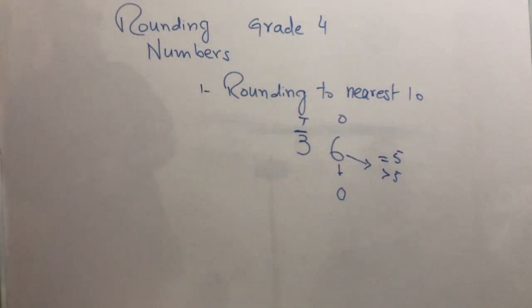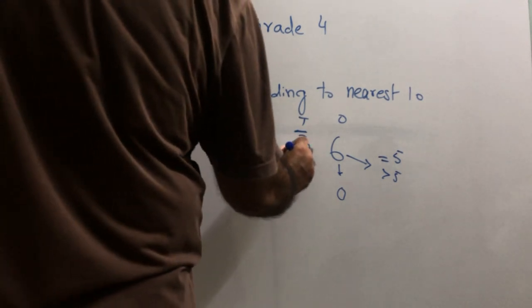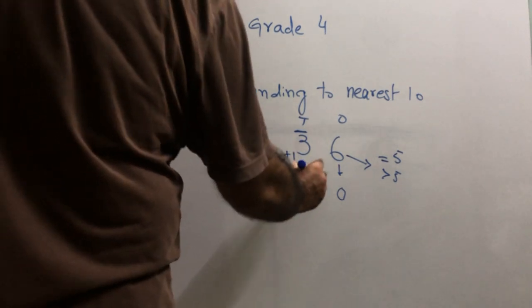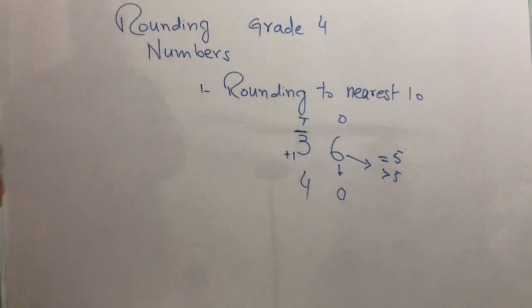If this ones number is equal to 5 or greater than 5, then we add 1 to tens. So it becomes 3 plus 1, 4. So our answer becomes 40. So when we are rounding 36 to nearest 10, our answer is 40.